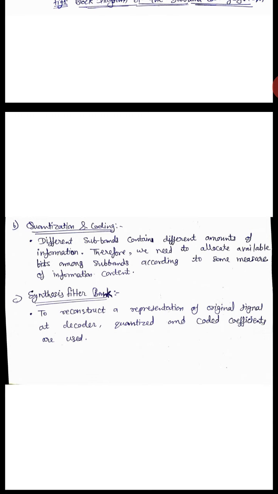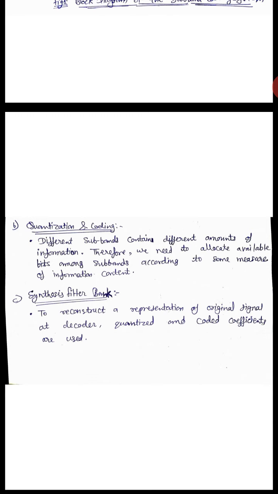We can understand with an example. There are several ways available for distributing the available bits. Suppose we wish a coding rate of 1 bit per sample. We can achieve this by using 1 bit per sample for each of the 4 bands.